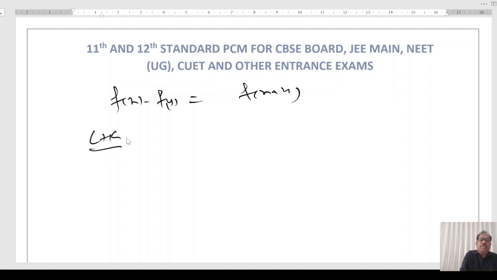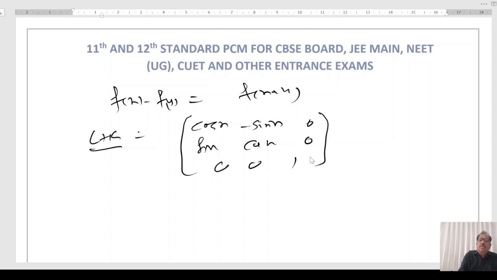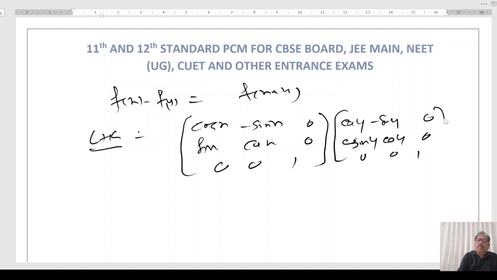Taking the left hand side, f(x) is [cos x, minus sin x, 0; sin x, cos x, 0; 0, 0, 1], and f(y) is [cos y, minus sin y, 0; sin y, cos y, 0; 0, 0, 1].